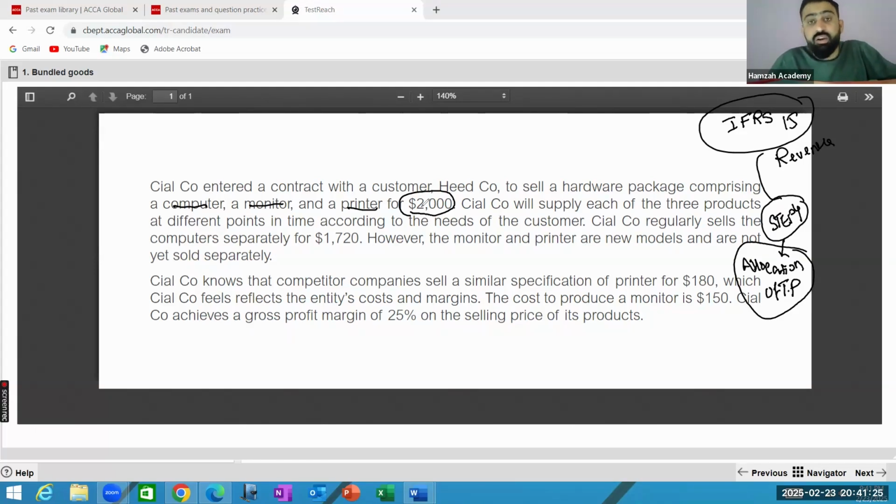Now, to allocate the transaction price, IFRS 15 is very clear that it should be done on the basis of stand-alone prices.